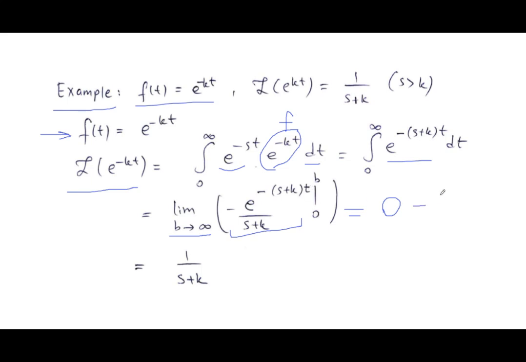So we have minus, and then we have another minus. e to the power 0 is 1. And then you have s plus k. So these minus signs cancel each other, and we can write it as 1 over s plus k. This is the Laplace transform for e to the power minus kt.